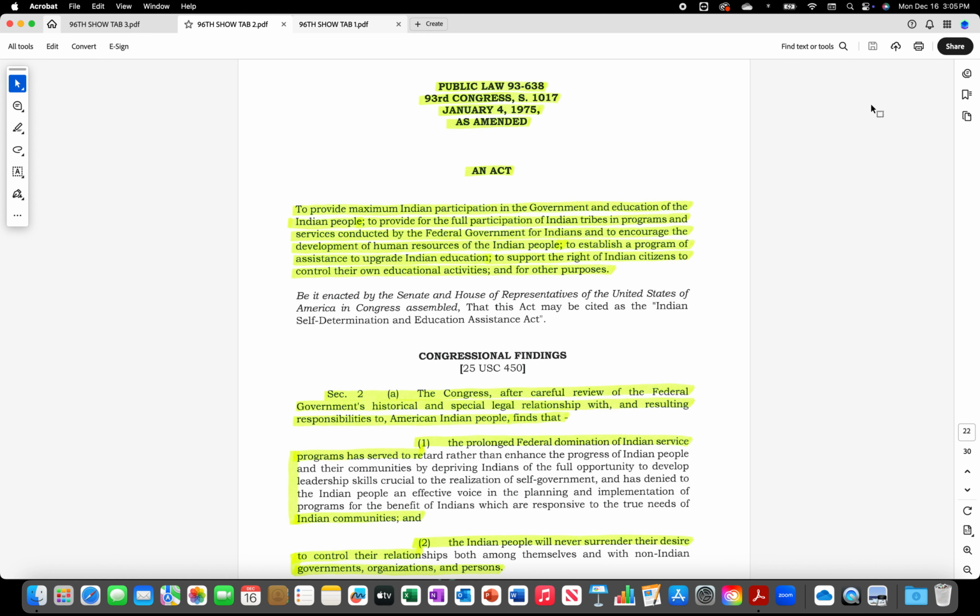Public Law 93-638, 93rd Congress, S. 1017, January 4th, 1975, as amended, an act to provide maximum Indian participation in the government and education of the Indian people, to provide for the full participation of Indian tribes in programs and services conducted by the federal government for Indians, and to encourage the development of human resources of the Indian people, to establish a program of assistance to upgrade Indian education, to support the right of Indian citizens to control their own educational activities, and for other purposes.